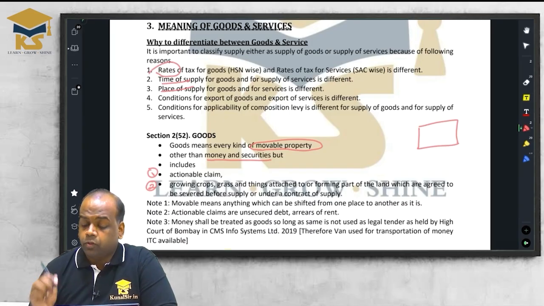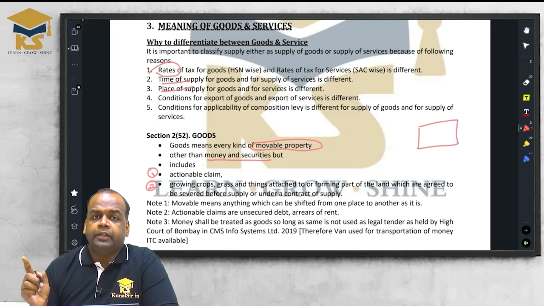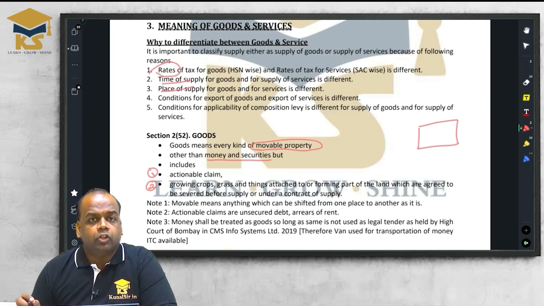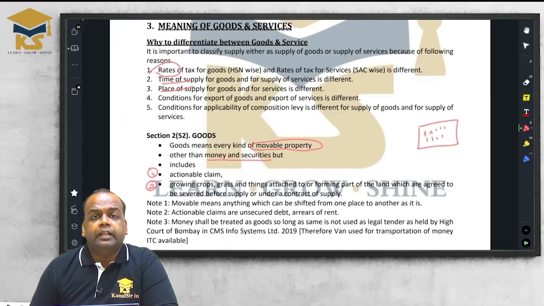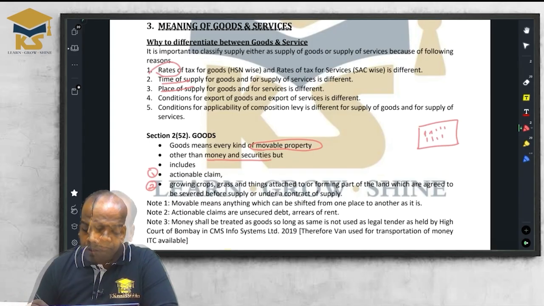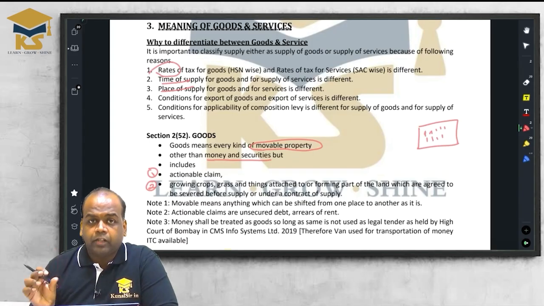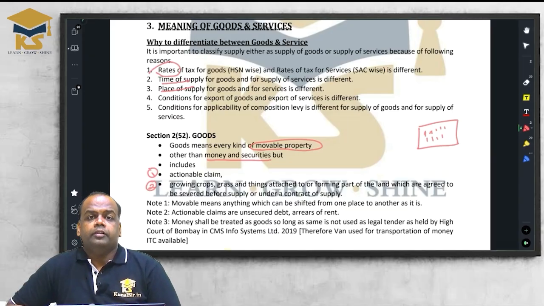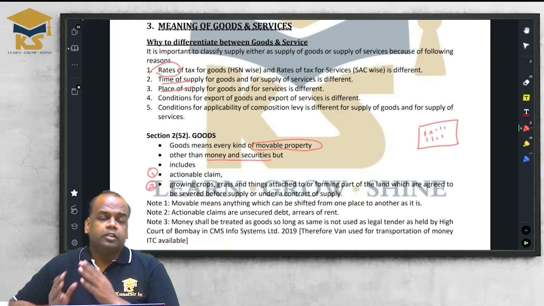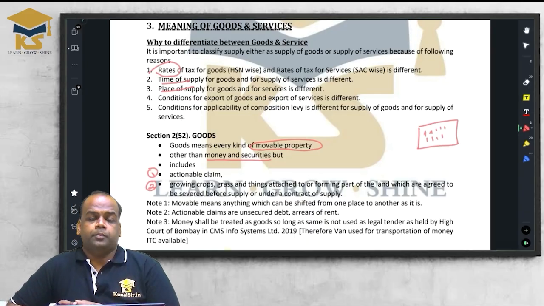Sir, it is not supply because land is immovable property. It is not classified as goods. Okay. Now there are certain grasses or some crops which are attached to this land. I sold that part of land to someone else along with these crops. Now whether those crops will be treated as goods or not? They will not be treated as goods as the crop is not cut before supply.